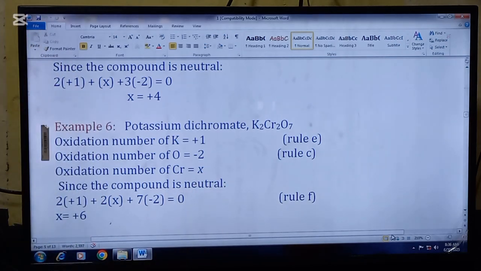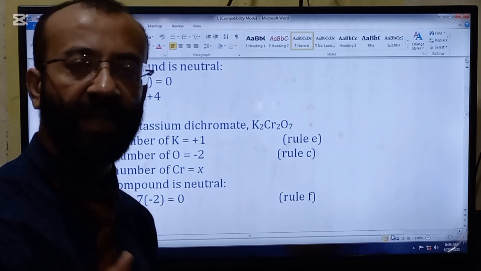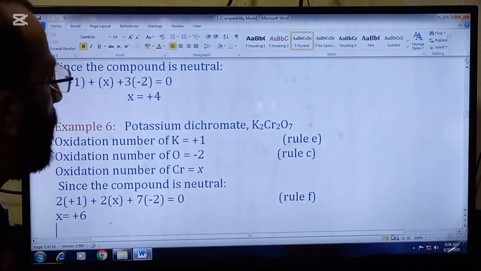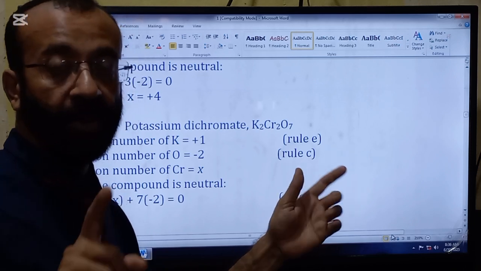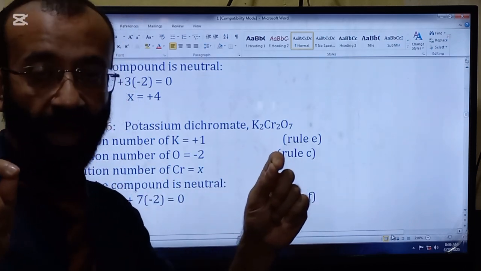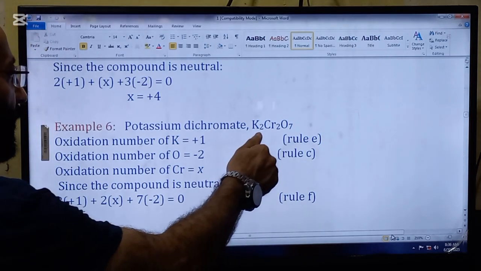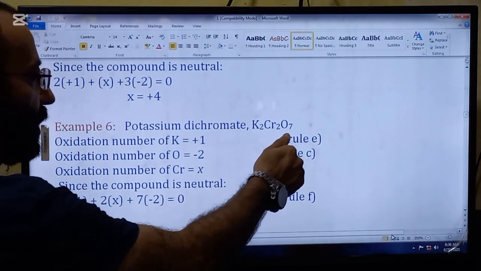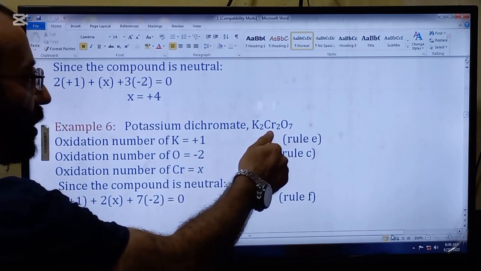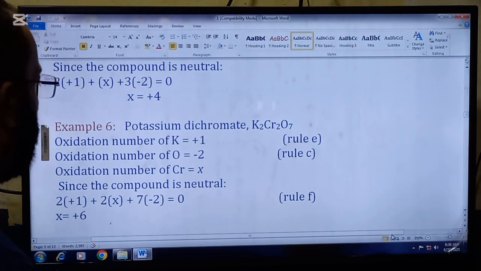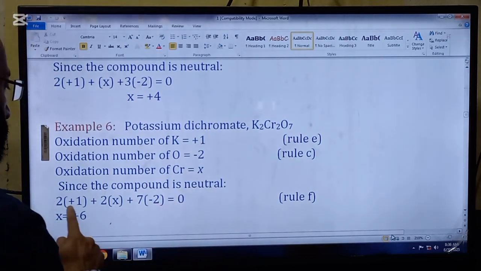Here is another question, and we will apply the same rule in this compound again. So look now, the compound is electrically neutral, so the sum of the oxidation numbers of all the atoms will be 0. The oxidation number of K is +1, the oxidation number of oxygen is -2, and we will find the oxidation number of Cr. There are 2 atoms of K, so that's why 2 into +1.